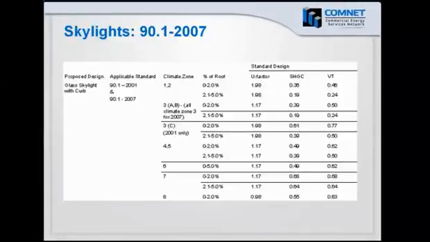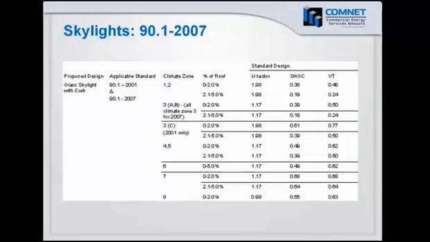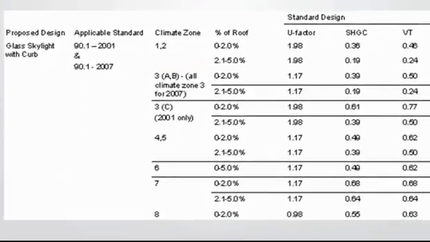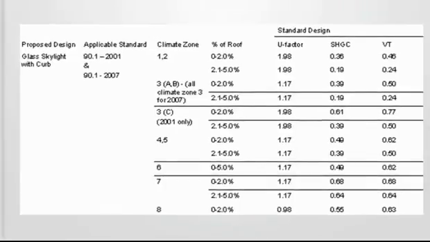For skylights, the criteria vary somewhat based on your skylight to roof ratio. What is the area of the skylight relative to the gross roof area? So that affects the skylights as well as the climate zone. So for the skylights, we have the U factor, the solar heat gain coefficient, and visible transmittance.